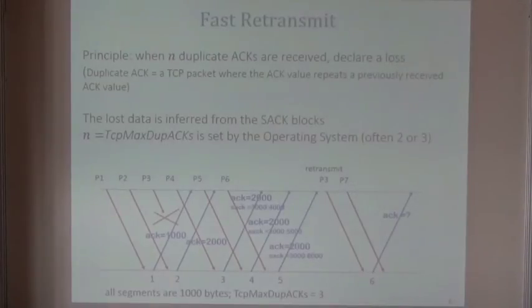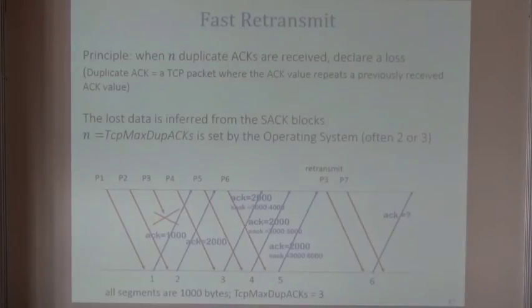Most losses are handled in this way, except perhaps the last. If you're transmitting a video file and the last packet of the file is lost, or one of the last packets, then there will not be enough duplicates, so you will have to wait for a timeout for retransmission.